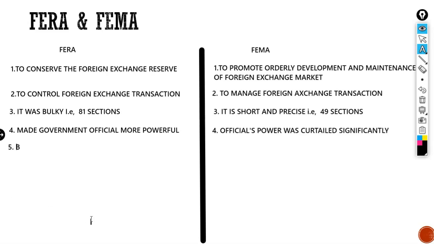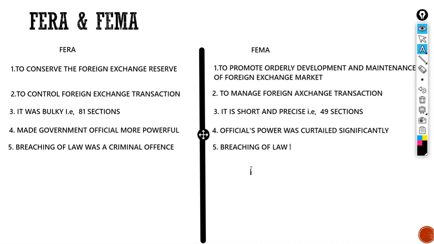The next difference was that breaching of this particular law was a criminal offense. So if you were caught under FERA, you were imprisoned. However, in FEMA, breaching of this particular law was a civil offense.